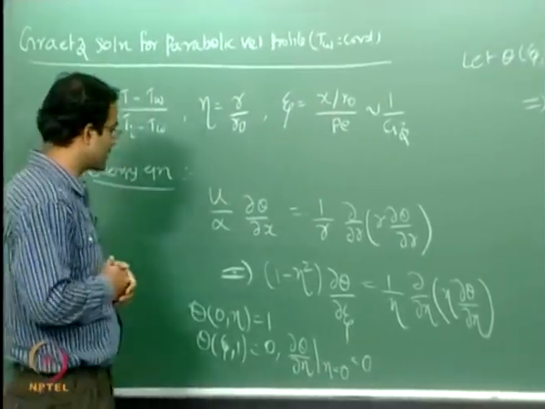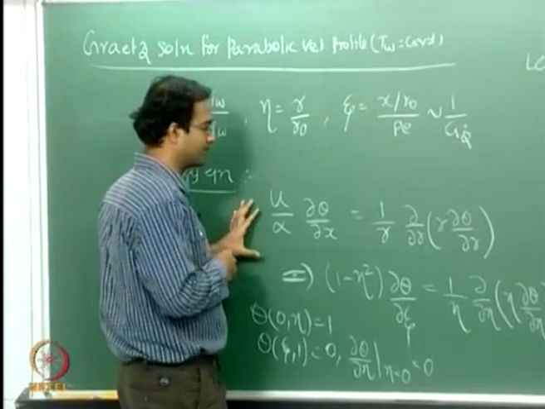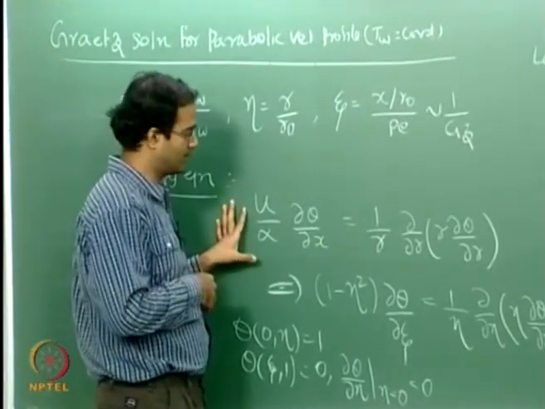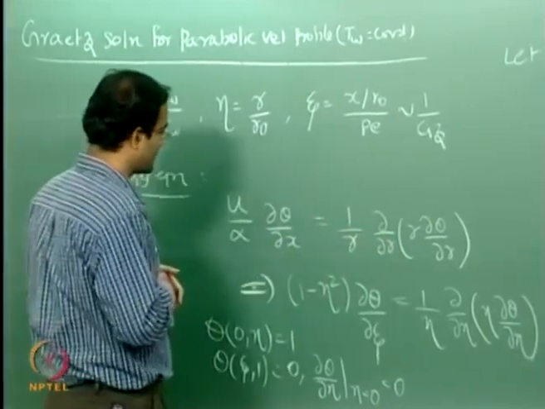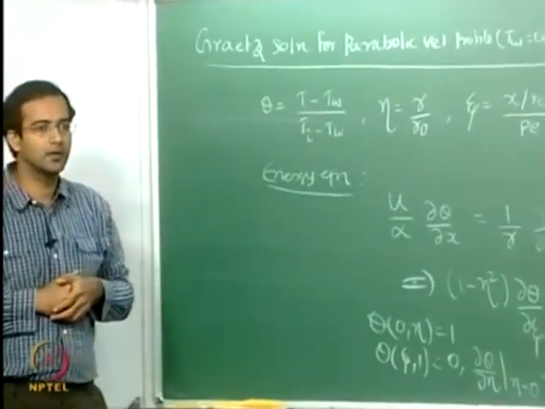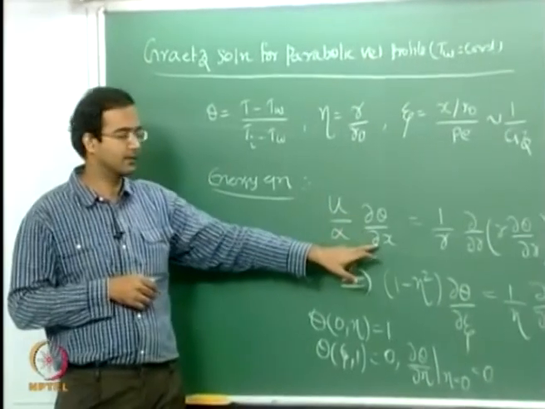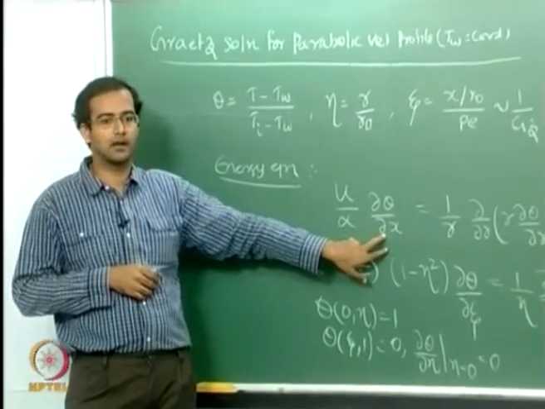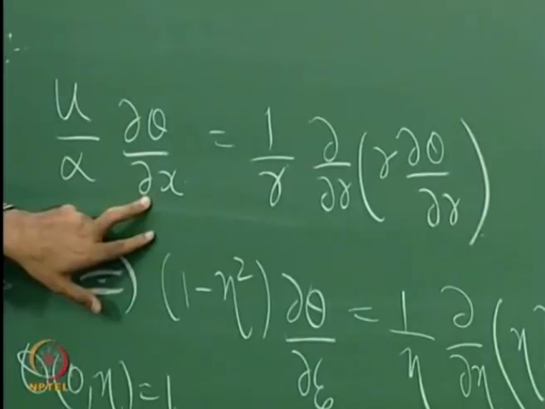When we substitute into the energy equation, the energy equation for thermally developing flow is this, and if it had been fully developed, your d theta by dx would have been 0, but in this case your flow is still developing.